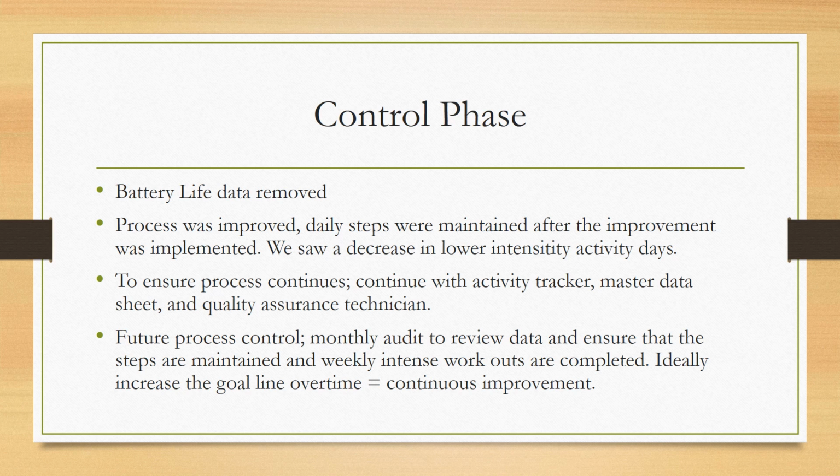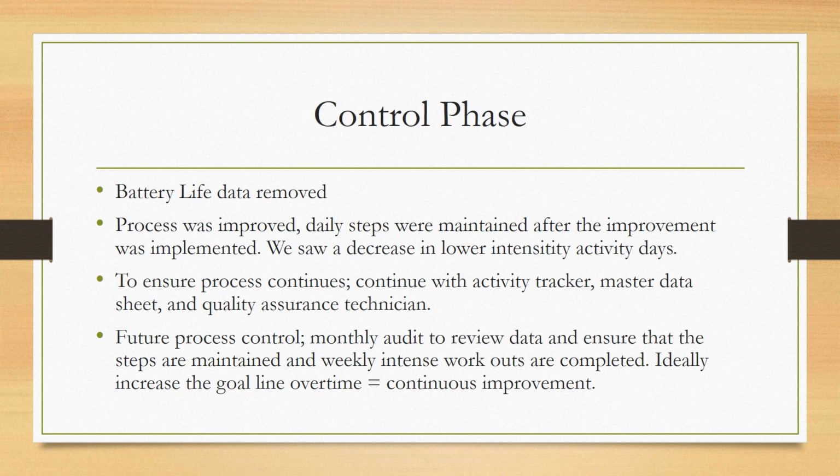Am I still using the activity tracker? Am I using the master data sheet how I should be, making sure all the data is inputted? And is my quality assurance tech still doing her job and helping me out? It's important to audit it because if I start slacking, we can see that in another IMR chart and rerun that with the new data. So a monthly audit would be great.